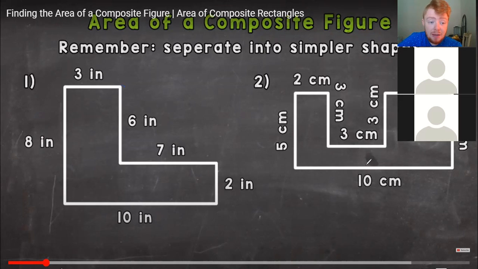And like he was saying, you can pretty much divide it in any way that makes a square or rectangle for us. But you just need to make sure you know what the length and the width is of whatever it is you end up doing, if that makes sense.